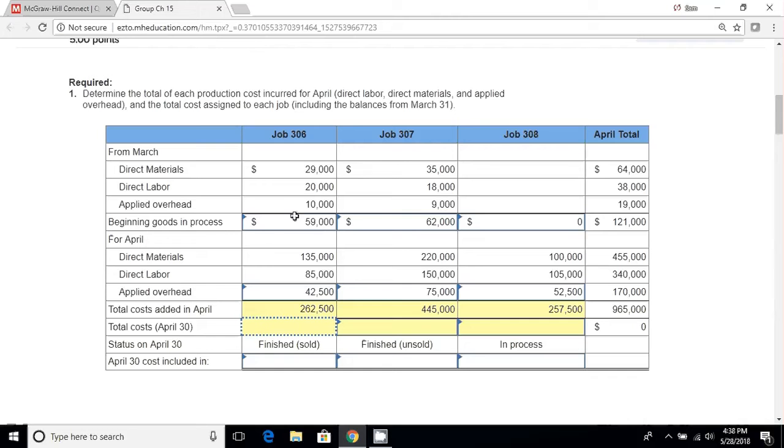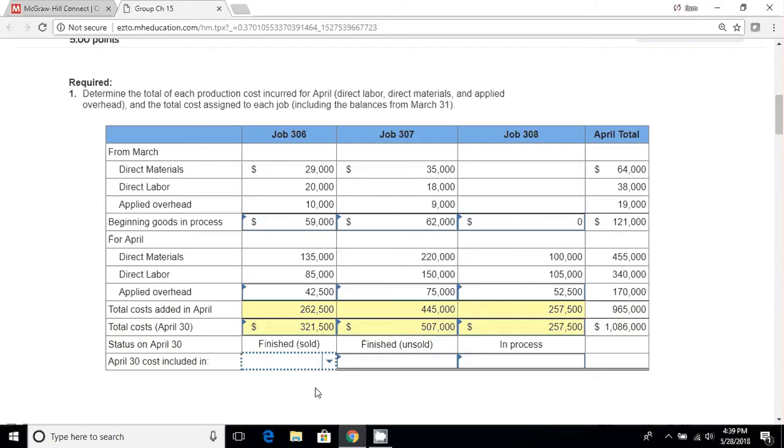So we're going to add 59,000 to 262,500, and that gives us 321,500. We come over here to job 307, we add 62,000 to 445,000, and that gives us 507,000. And then, of course, there was nothing to add to job 308 from March, so it's just the 257,500 from April.